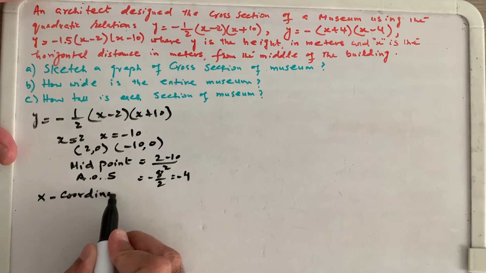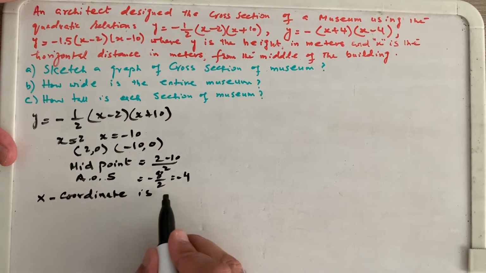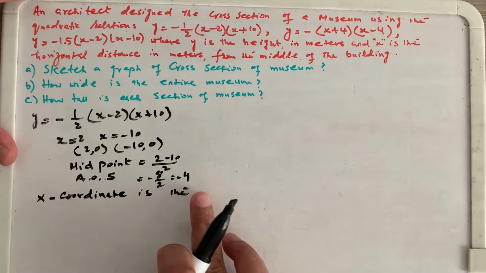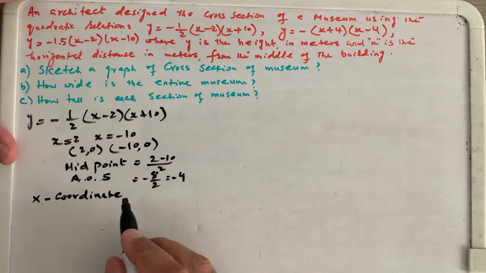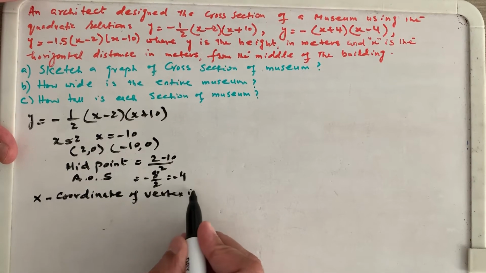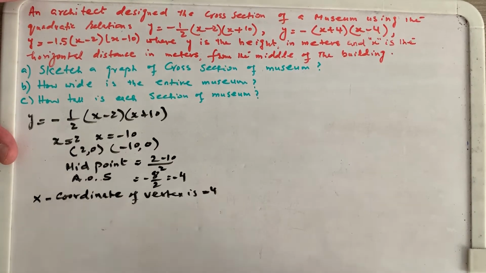So always remember these things. This is just the application of what we have learned so far. So the x coordinate of the vertex is minus 4. Now we have to find the y coordinate of the vertex.